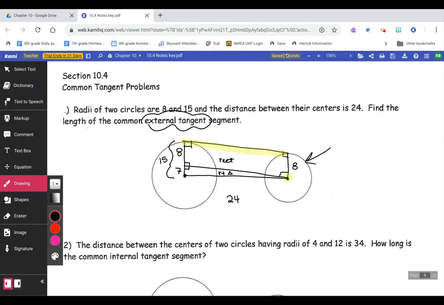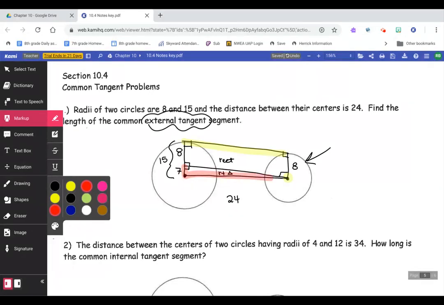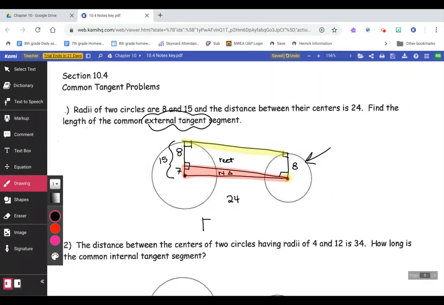Okay, well, let's figure this out. On the right triangle, so for this right triangle, and I know it's not the perfect drawing, and that's okay, we have a hypotenuse that's 24, we have a leg that's 7. Therefore, we know the other leg. Well, actually, we don't, because it's not a 7, 24, 25, because the hypotenuse is 24. We have 7 squared plus b squared equals 24 squared.